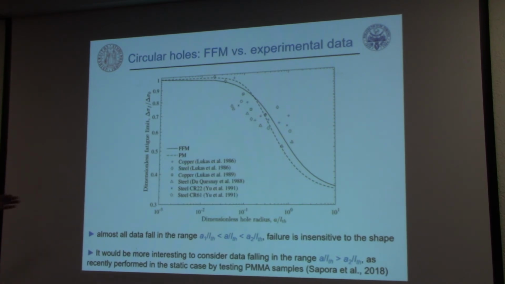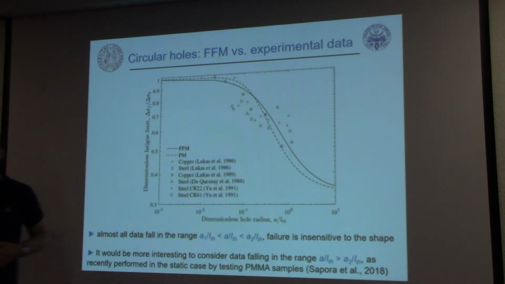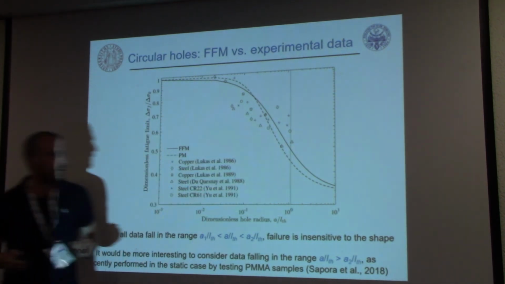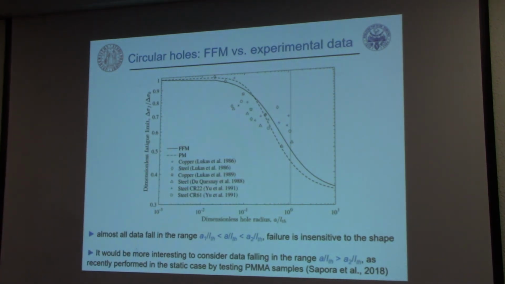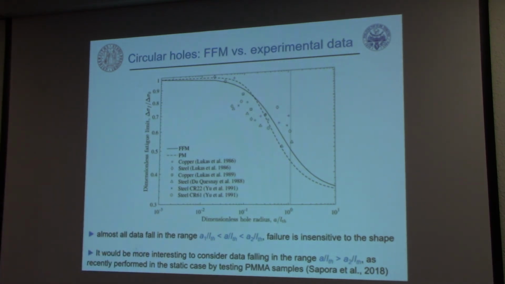Anyway, to be honest, some of these data don't refer to circular holes, but to notches where the stress concentration is close to 3. So the relationship that I showed you before still holds true. But what is interesting is that quite all the data you can see here, this was 1.19, the first limit, fall in the middle region where failure is insensitive to the shape.